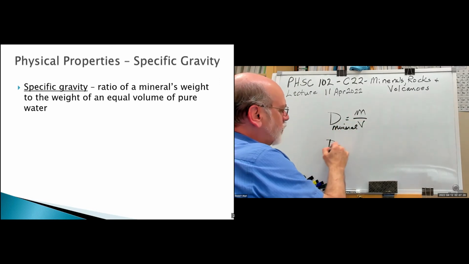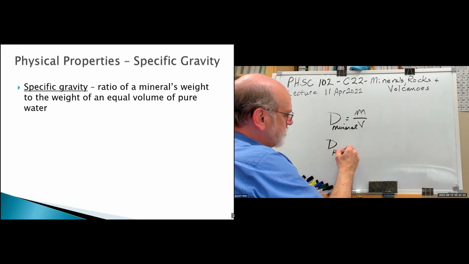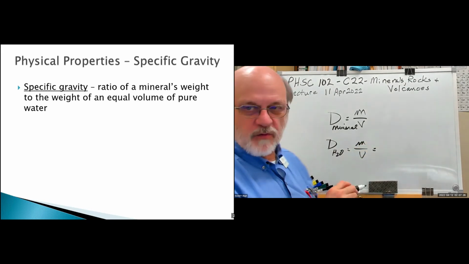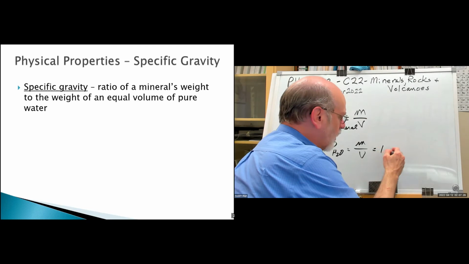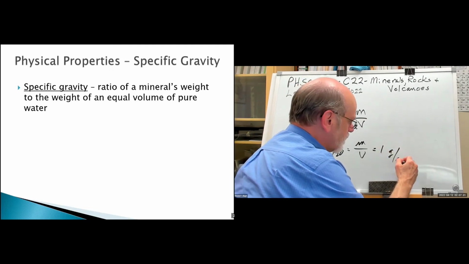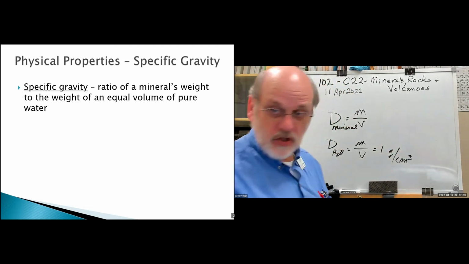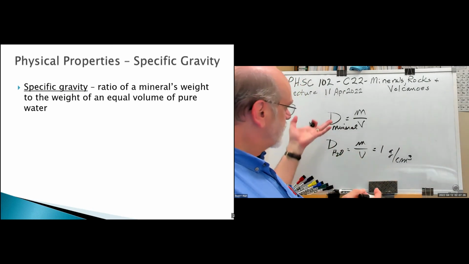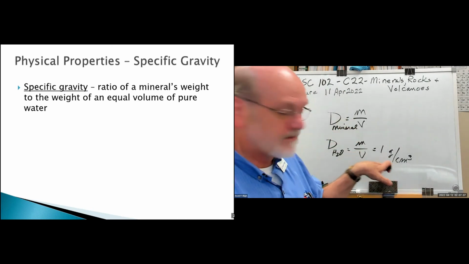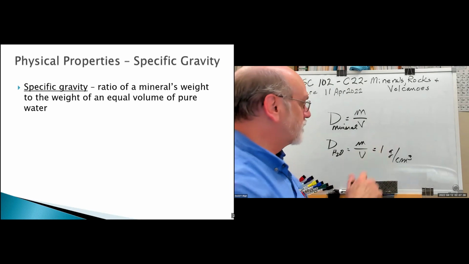But what's the density of water? Mass of water divided by the volume. The density of water is roughly 1 gram per cubic centimeter. So most minerals are more dense than water. Right?